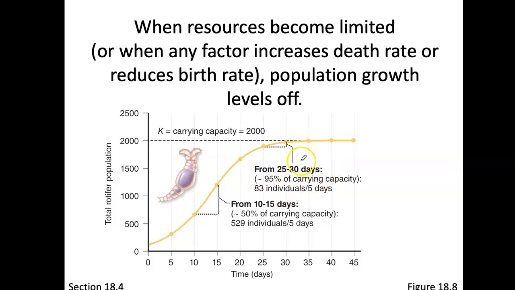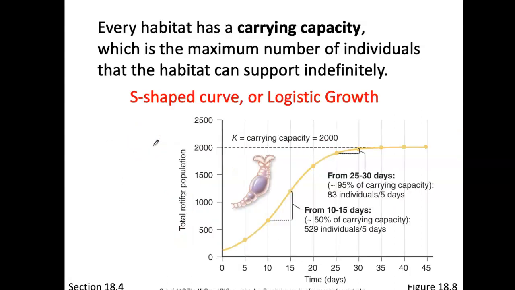So now the J is really in this part, but once it levels out, it's no longer a J curve, it's sort of an S-shaped curve, because it reached its carrying capacity, and then it'll stay stable at that population and not continue to reproduce. I mean, they reproduce, but there's a lot of deaths also. So that's the S-shaped curve, or also called logistic growth.